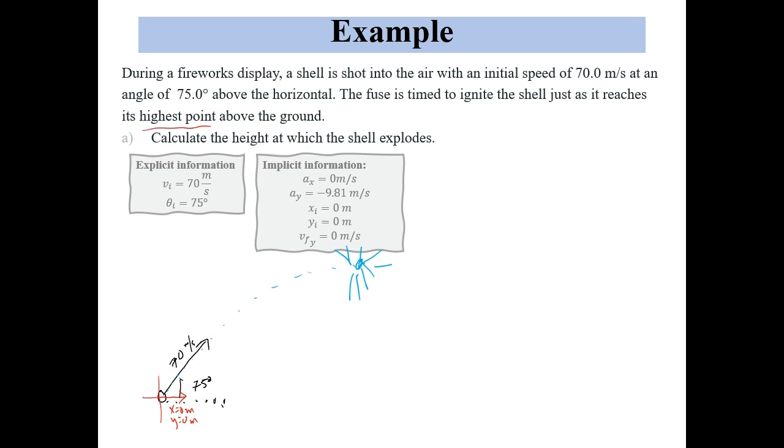And one thing we know about the highest point is that the final velocity in the y direction is 0 meters per second. We don't know what the final velocity in the x direction is. Again, initial and final are two points. Its launch is going to be my initial point, and where it explodes, I'm going to consider to be my final.